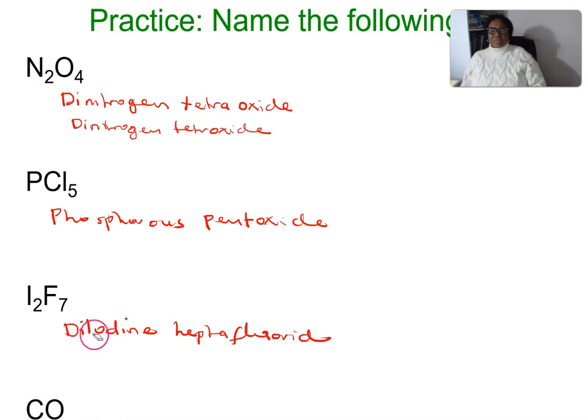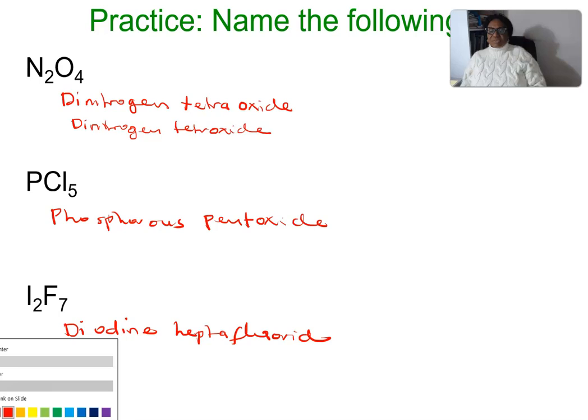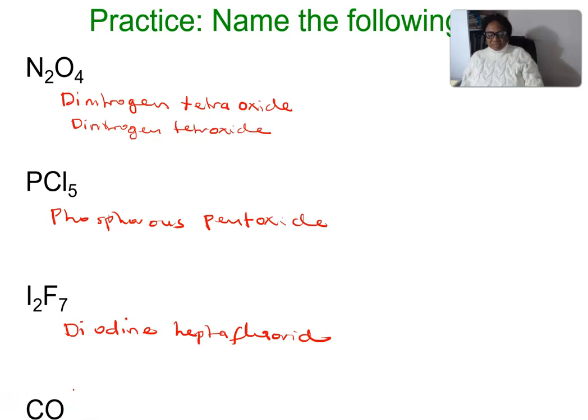So you see we have 2 vowels, so we are going to remove this. Diiodine heptafluoride. Please make sure you practice these things.